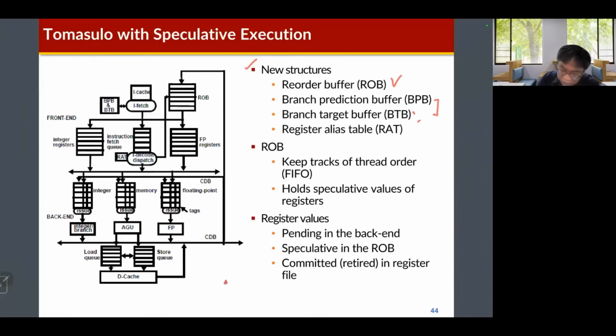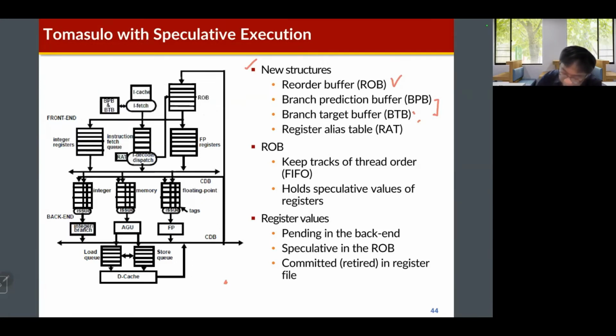If you see the structure, you can find that the processor structure is very similar to the Tomasulo algorithm, right? The ROB, BPB, BTB, and register alias table are the new components for speculative execution. The main architecture of this processor is very similar to the Tomasulo algorithm. Then let's see why these components are required.